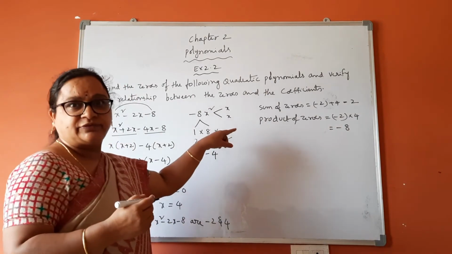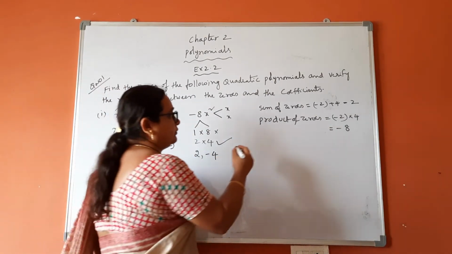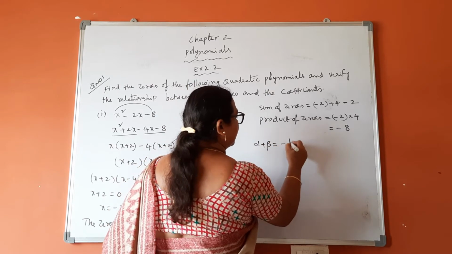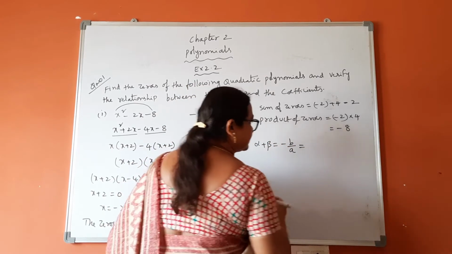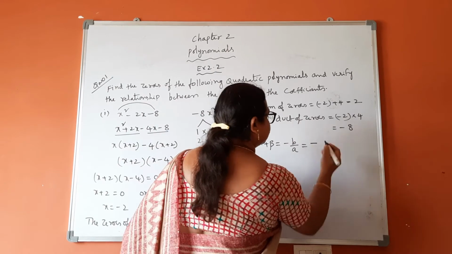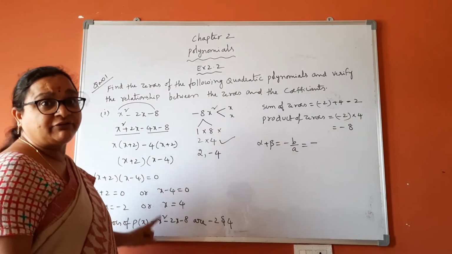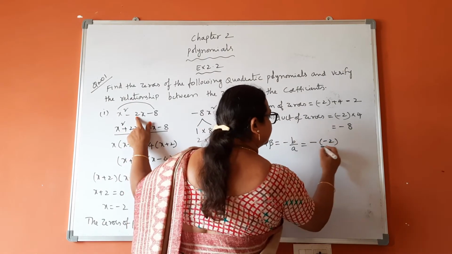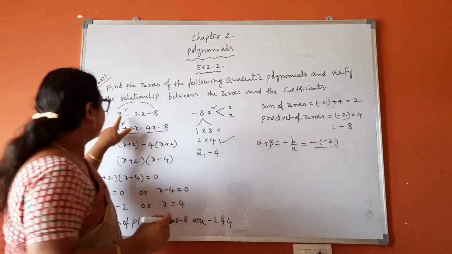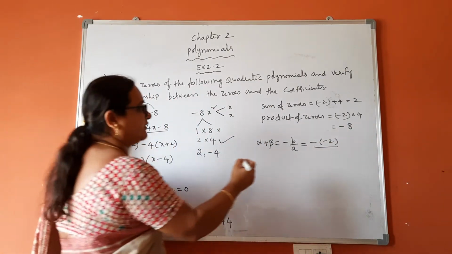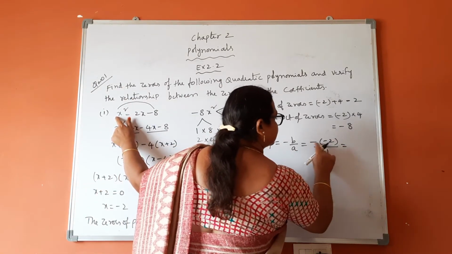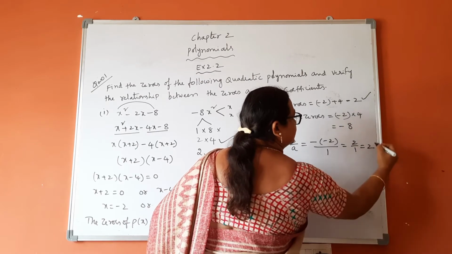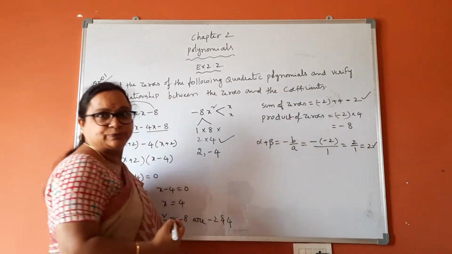Same thing we will verify using the formula now. Alpha plus beta is equal to minus b by a, that is, minus b means the coefficient of x, minus of minus 2 by a, the coefficient of x square, 1, that is plus 2 by 1, that is 2. So here also 2, here also 2.